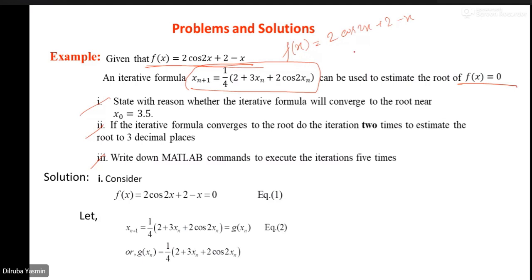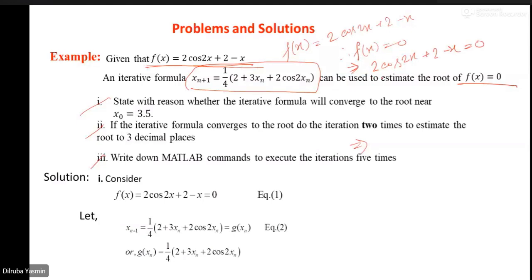Let me show you. At first you have to write this function equal to 0. So you can write 2 times cos 2x plus 2 minus x equal to 0. So you can rearrange this equation to get x equal to z of x function.